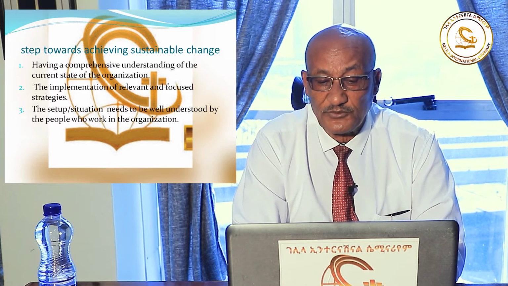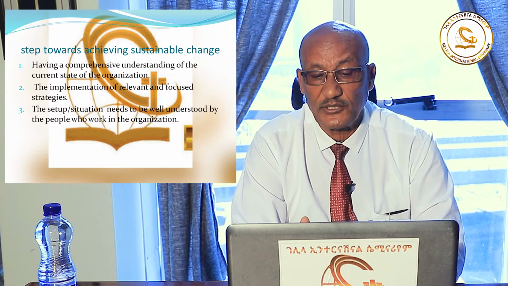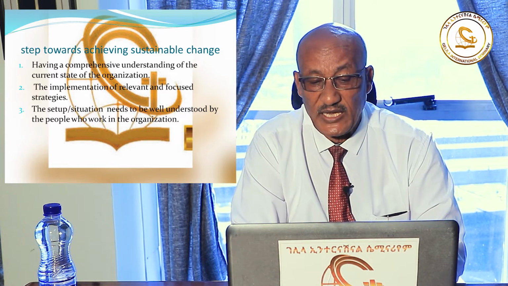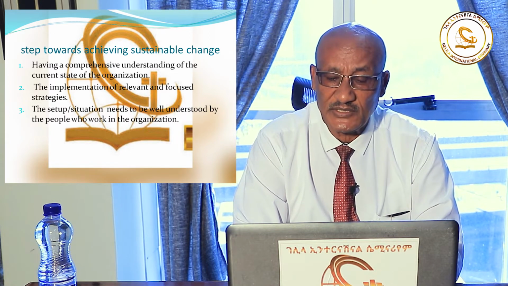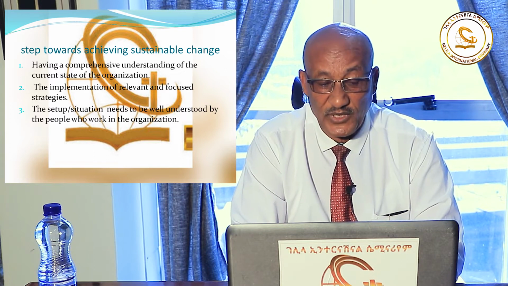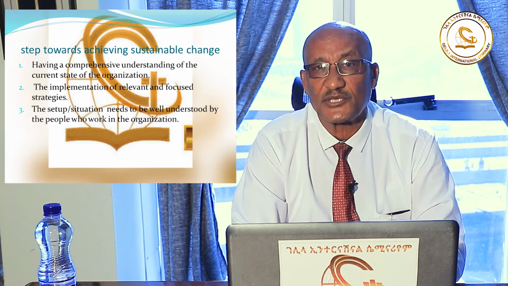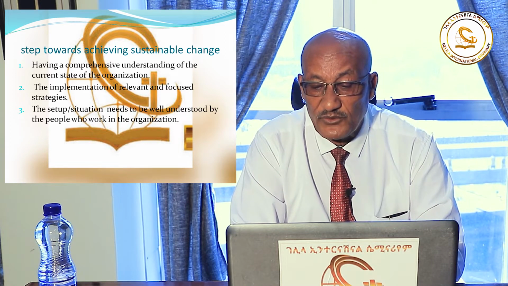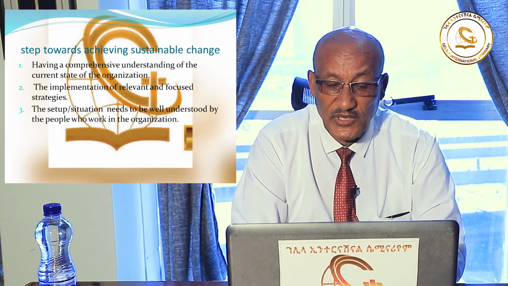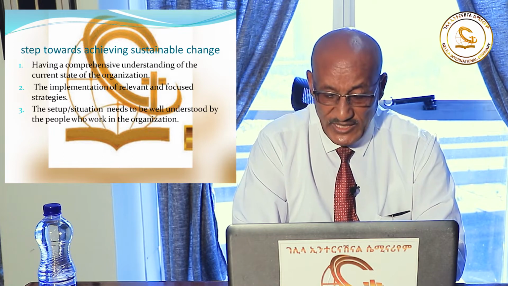Strategies that we use in order to implement change in our organization must be relevant. Second, they must be focused. The third point is we need to analyze the situation. The situation needs to be well understood by the people who work in the organization.